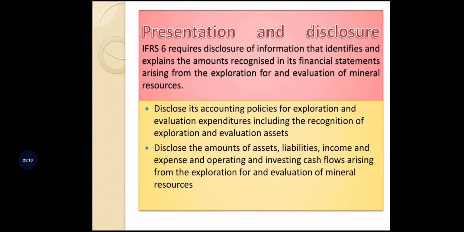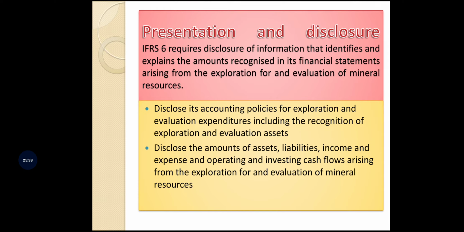Let us see the first one, that is, disclose its accounting policies for exploration and evaluation expenditure, including the recognition of exploration and evaluation assets, which means the first disclosure states that we are going to disclose the accounting policies. Ultimately, these accounting policies are completely related to the activity carried out by the business organization.